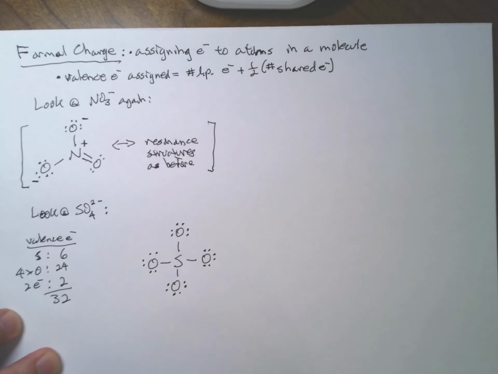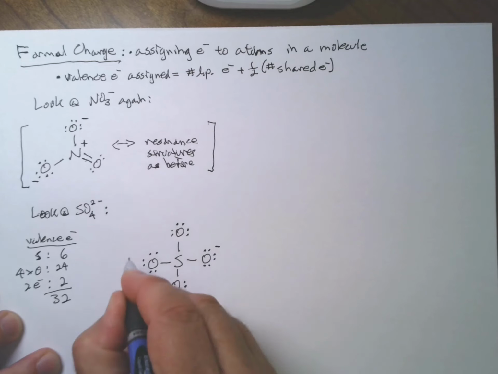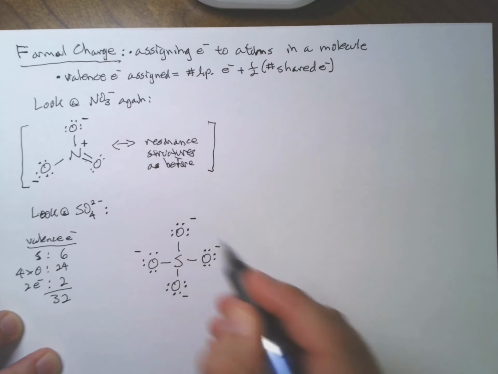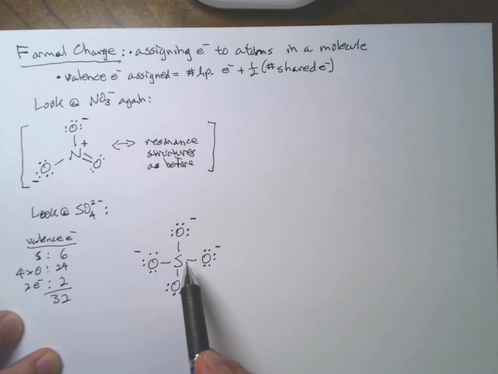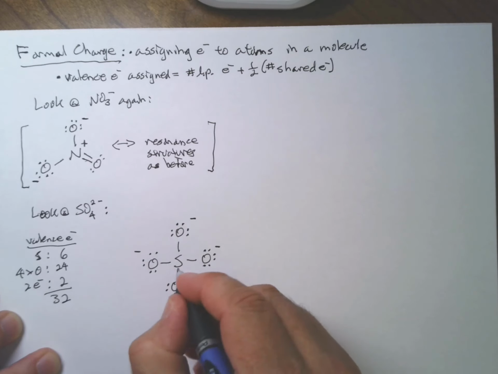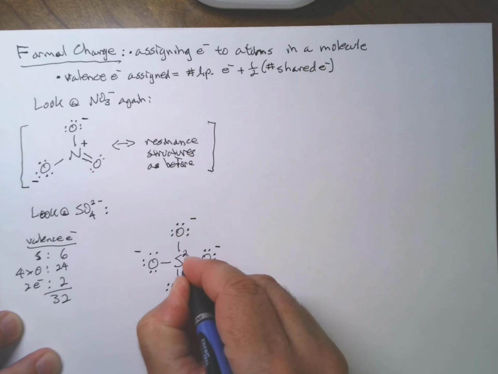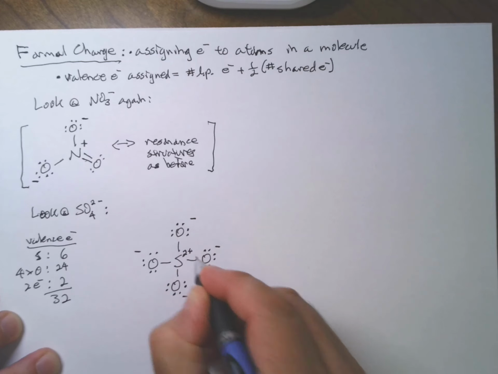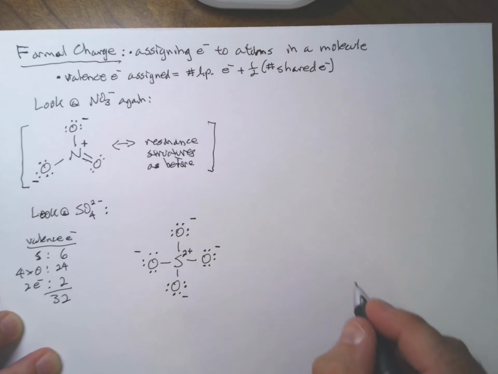Normally it should have 6, 1 extra electron, so that's a minus sign. Same there, same there, same there. And now the central sulfur has 1, 2, 3, 4 electrons assigned to it. It should have 6, so it's 2 short. So we're going to have a 2 plus charge on that central sulfur.